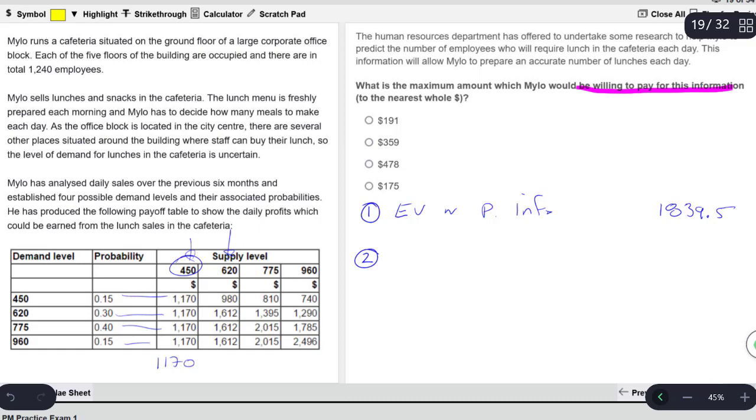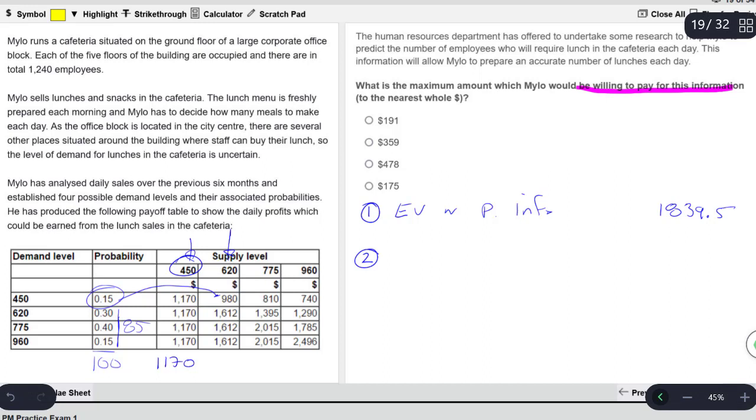Now, if I choose to produce and sell 620, okay, there is a 15% chance that I will earn 980, and then I can just add up these probabilities, and that's going to be 85%, right? Those add up to 100. So the balancing figure between 100 and 15 is 85.